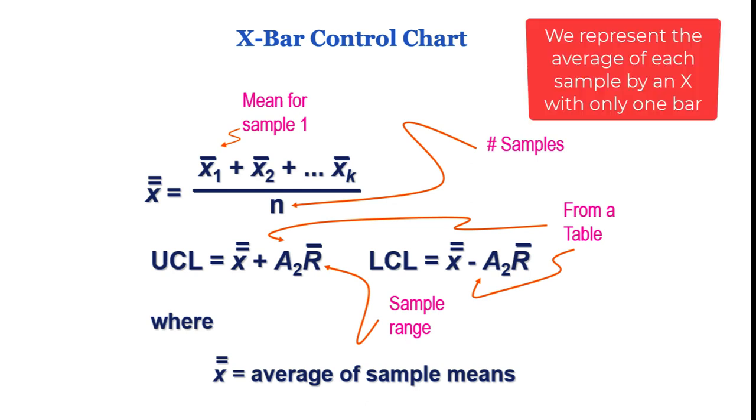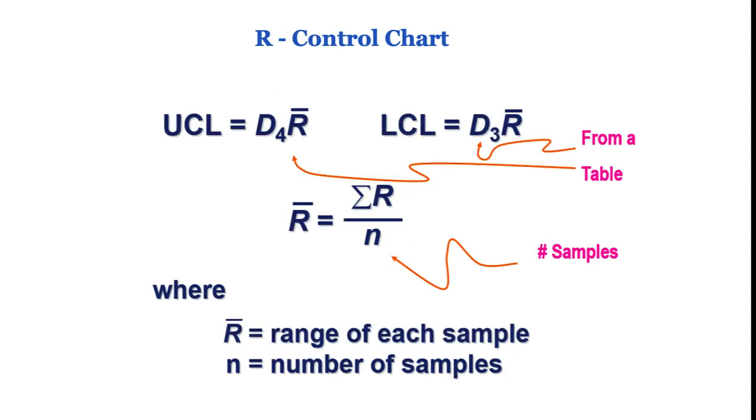So in the previous example I mentioned, let's collect 5 boxes of a pharmaceutical compound and weigh them. So we calculate the average and then we plot the average of that sample, and we do this over time. And very similar, we do the same for the R control chart. But here the calculations are slightly different, of course. Instead of a grand average X bar bar, we have an R bar, which is the average of the ranges.